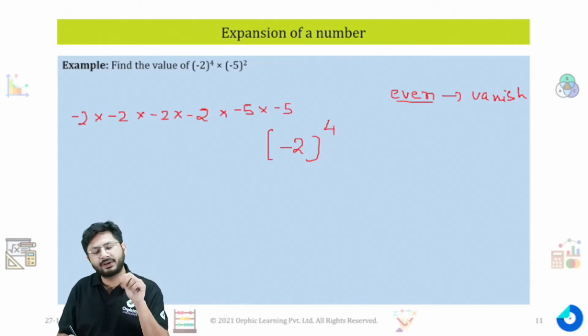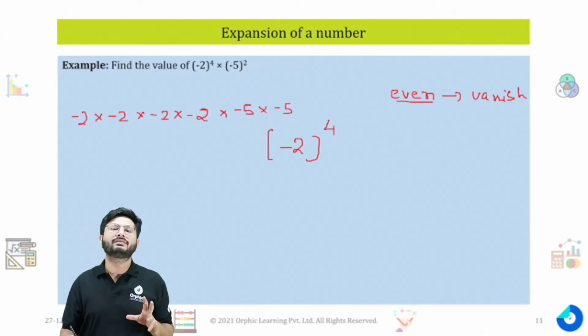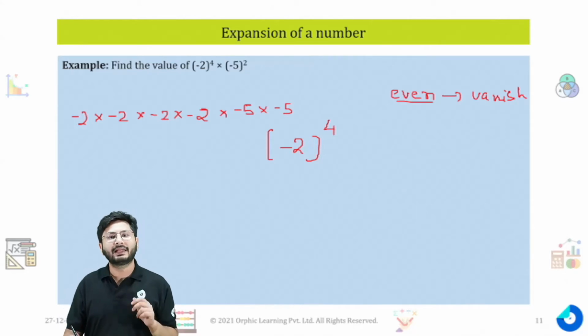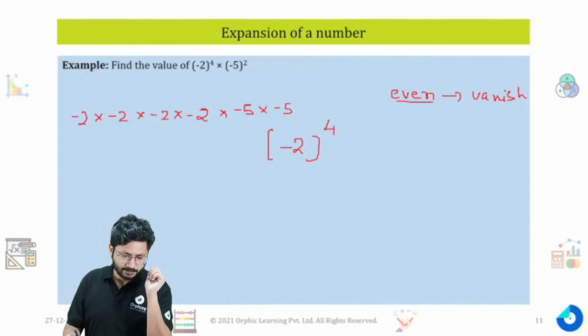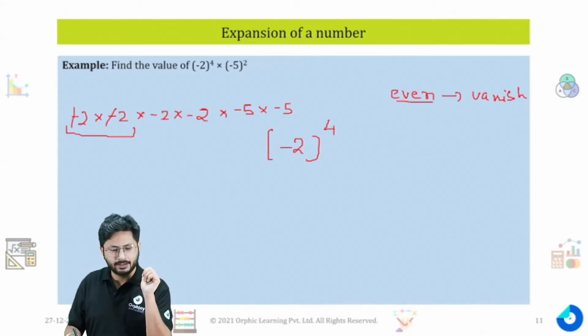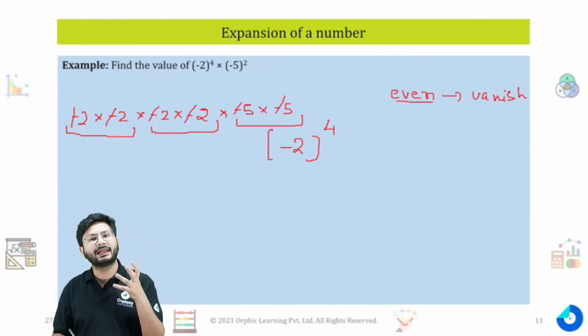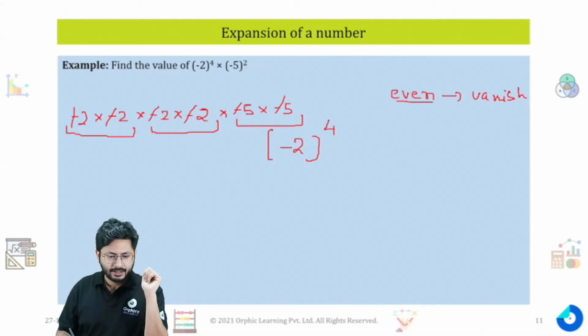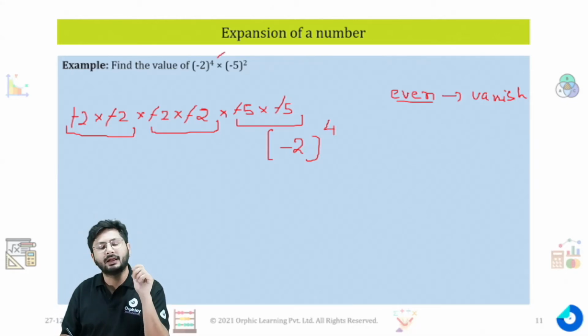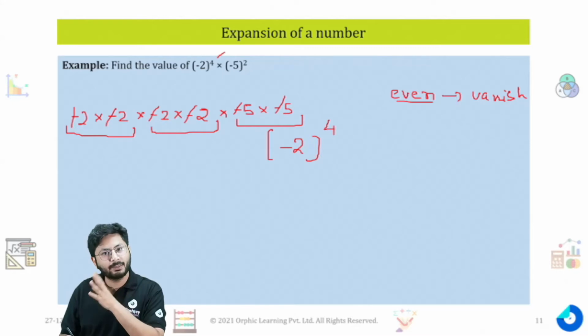Okay, now we all know that if two negative things are multiplied to each other, then the negative sign vanishes. So because of these two negative signs will be gone, again these two negative signs gone. So basically two-two pairs are formed. For example, -2 to the power 4 has two pairs of -2, that is -2 -2 and -2 -2.